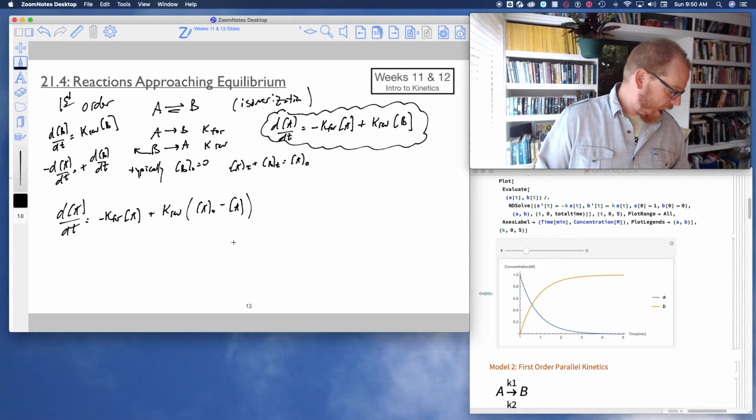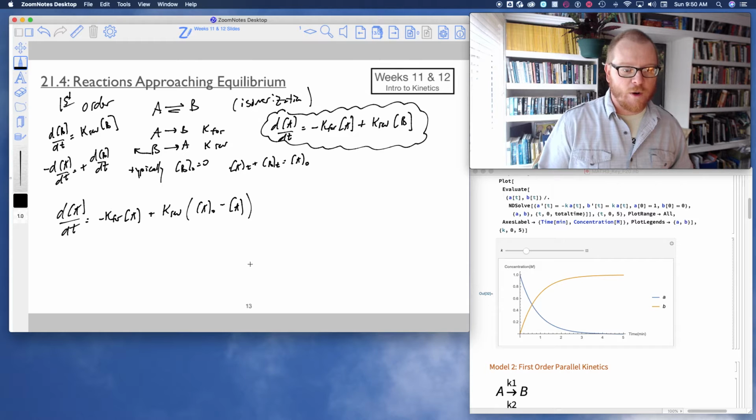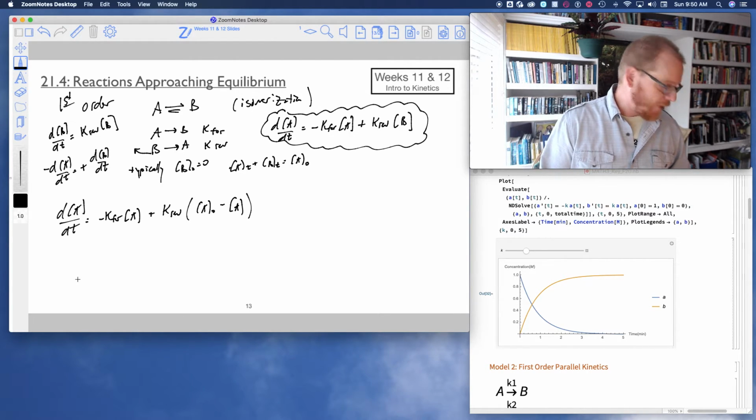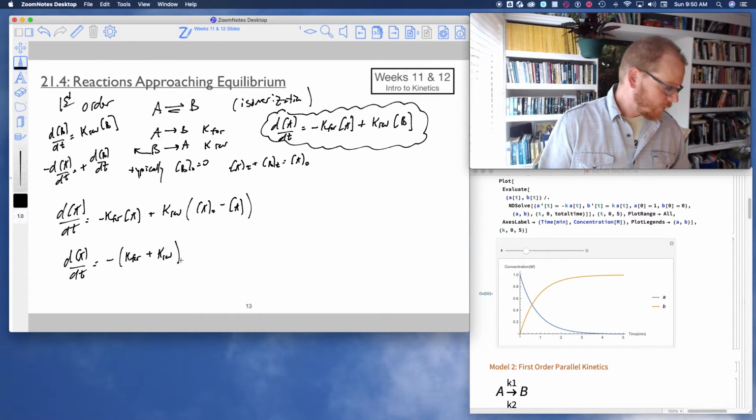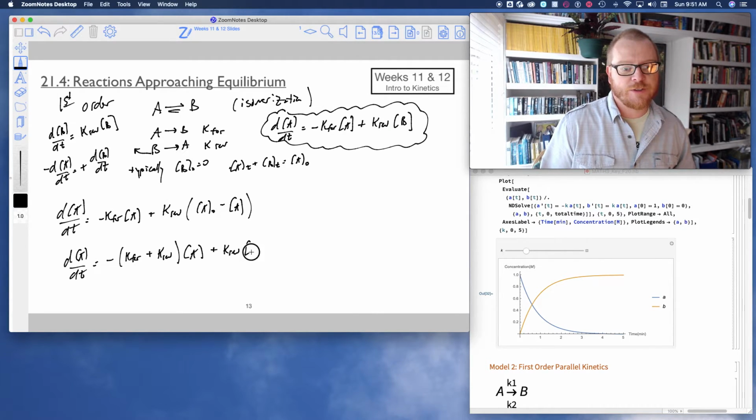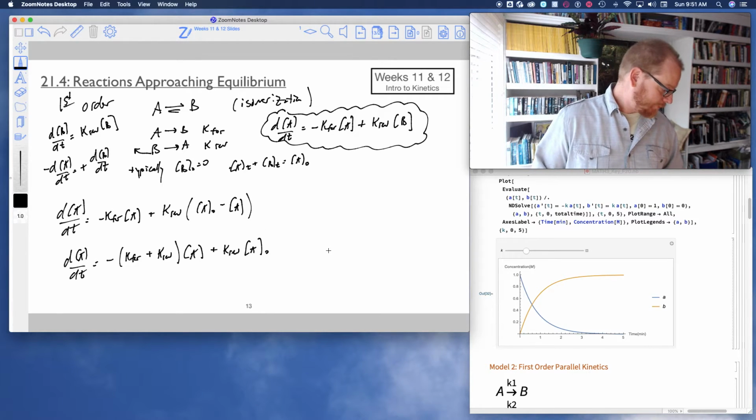And so now, let's see here. If I do a little bit more math, just some algebra, all right, then I will say dA by dt equals negative K forward plus K reverse, all times A, plus K reverse times A0.